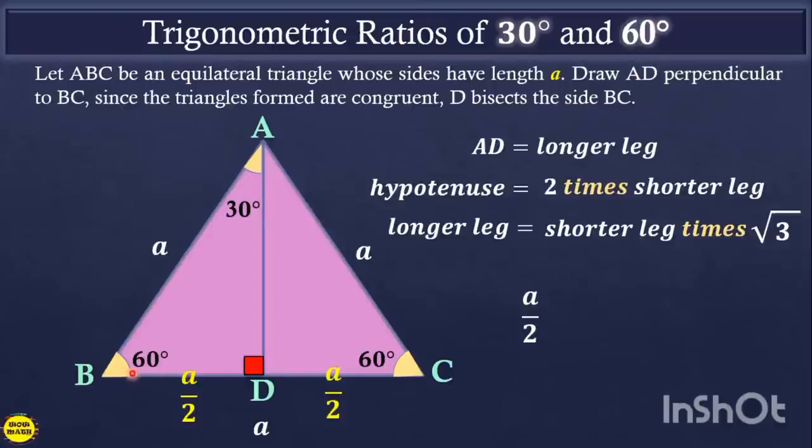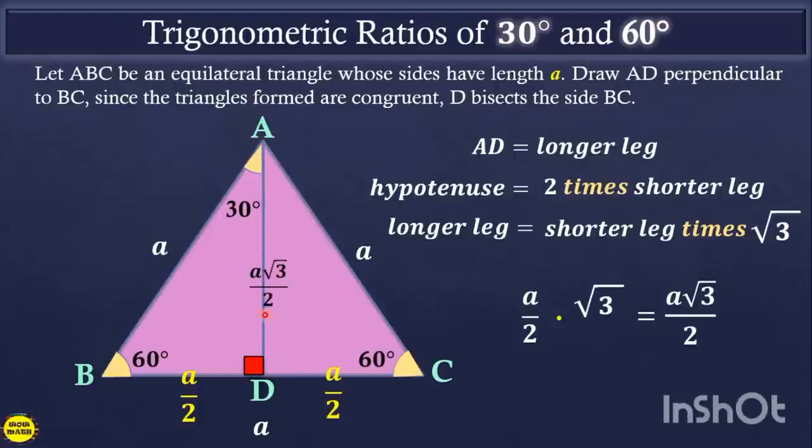Ito po yung shorter leg natin, kasi opposite siya ni 30-degree angle. That is A over 2, times square root of 3. So, A times square root of 3, that is A square root of 3. And then 2 times 1, that is 2. So, this AD, your longer leg, is A square root of 3 over 2.